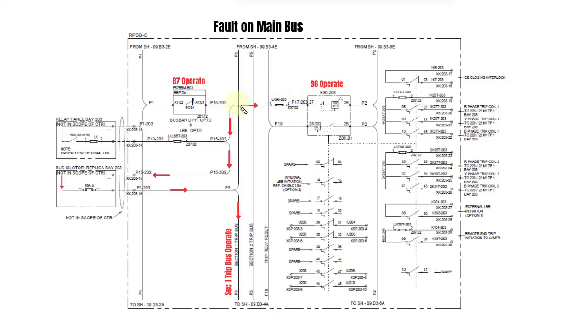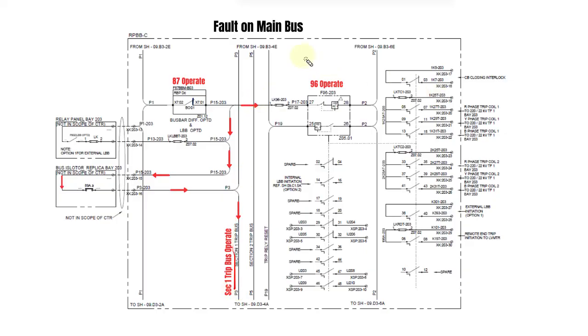At the same time, the pulse is extended through the bus isolator of that bay. If the bus isolator of that bay is closed, then the pulse will be extended to the trip bus of that particular section.